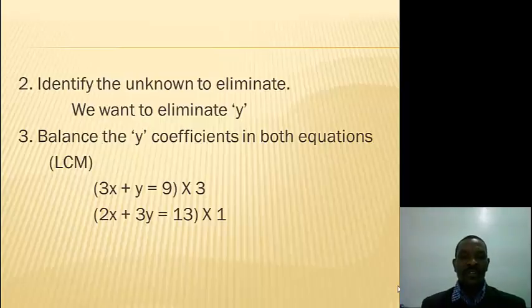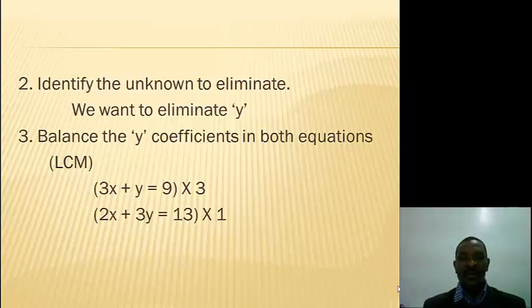Step number 3, balance the y coefficients in both equations, and be prepared to borrow heavily from the LCM. The first y has 1 as the coefficient and the second y has 3 as the coefficient. The LCM of 1 and 3 is 3.